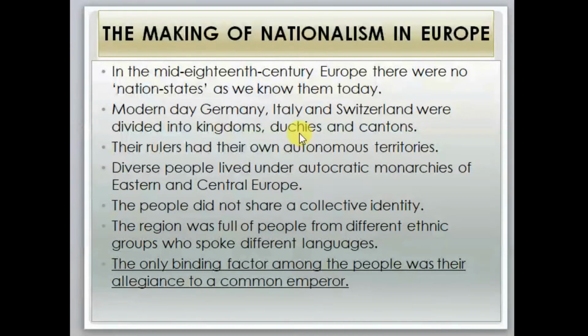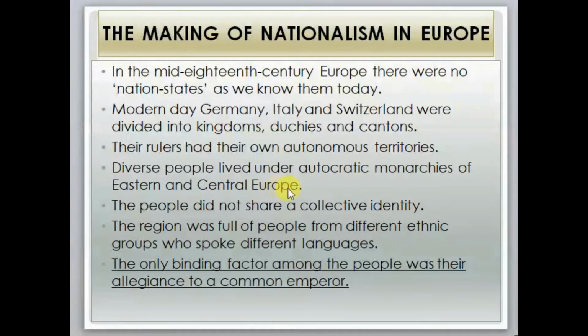The duchies were territories ruled by a duke or duchess, and a canton was a subdivision of territory for the purpose of administration, much like modern day districts. Rulers of these divisions had their own autonomous territories.